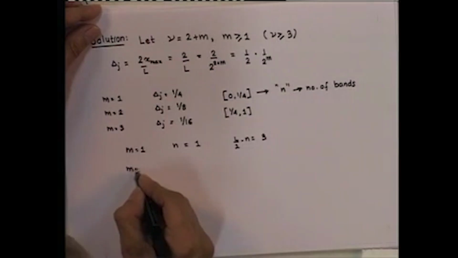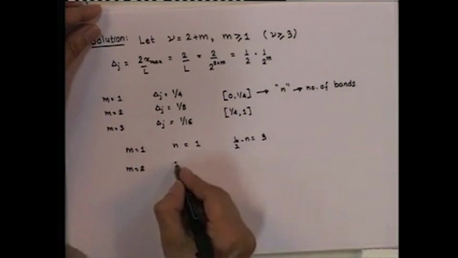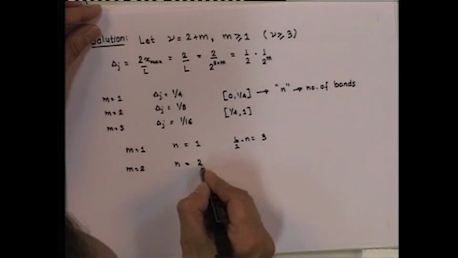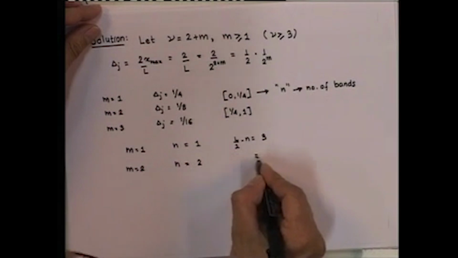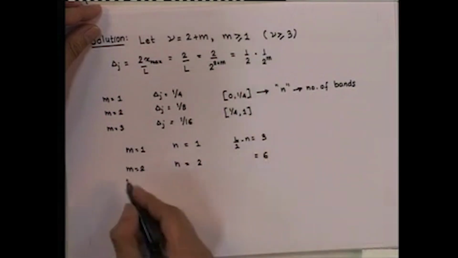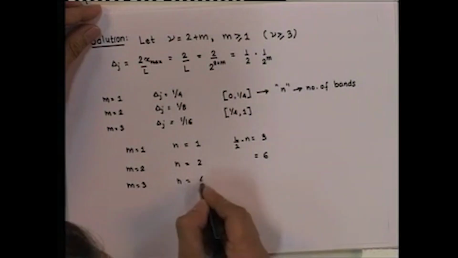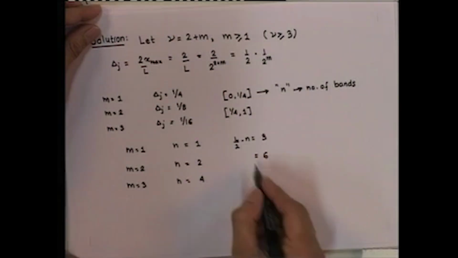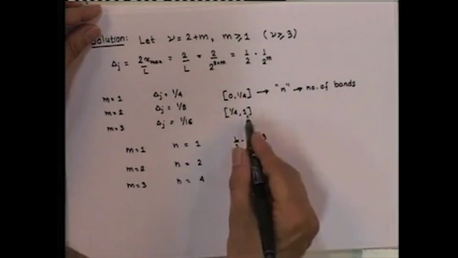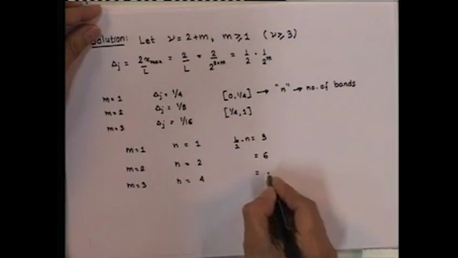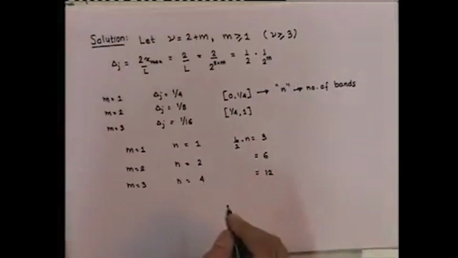Similarly, for m equal to 2, n would be equal to 2 and this quantity would be equal to 6, for m equal to 3, n is equal to 4, and the number of bands in the interval between 1/4 to 1 would be equal to 12.